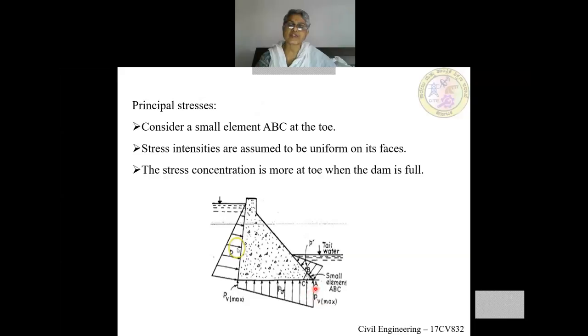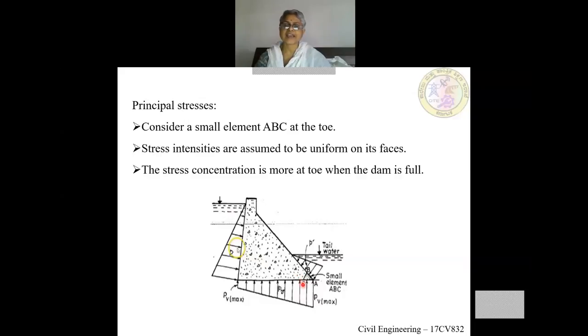Face AC is subjected to the uplift pressure PV, from the bottom of the dam. And face BC is subjected to sigma, which is normal to this plane, because of the water pressure. So these are the three different faces subjected to different intensities of stress: P dash, PV, and P or sigma.